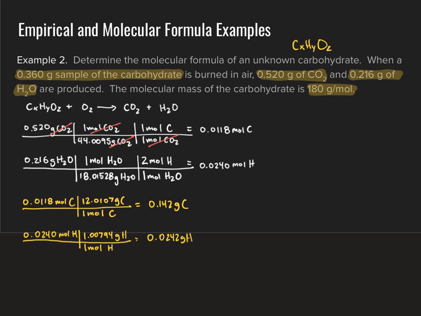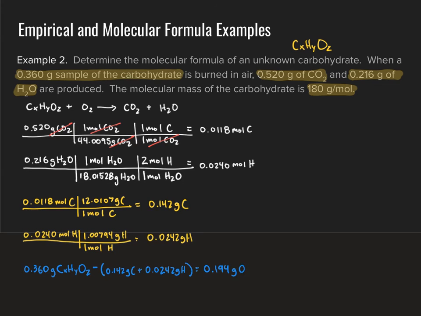So if I simply subtract the amount of hydrogen and carbon that are present in the system from the initial sample of the carbohydrate, 0.360 grams of carbohydrate minus my 0.142 grams of carbon minus my 0.0242 grams of hydrogen, that tells me that the remainder of that carbohydrate, the remaining mass of 0.194 grams, must have been the other element present, which was oxygen.